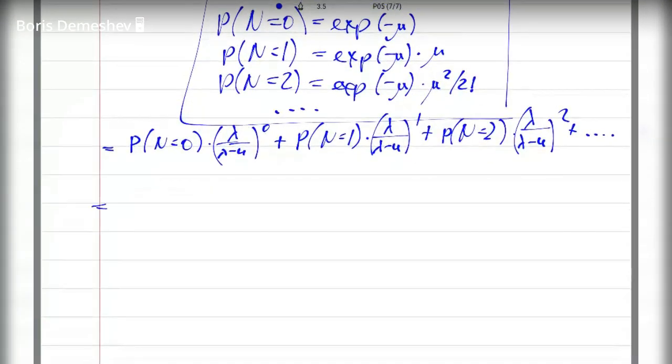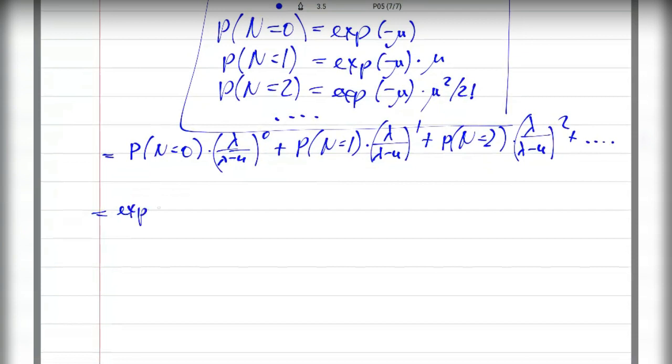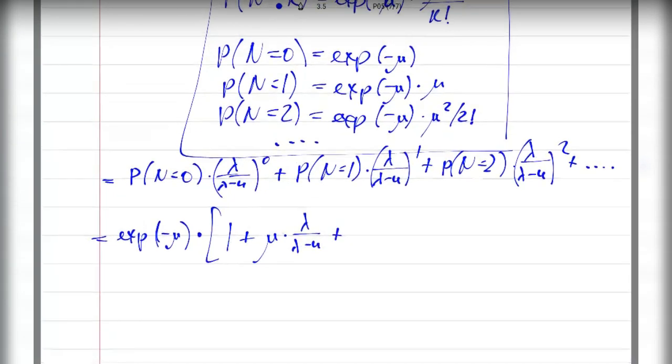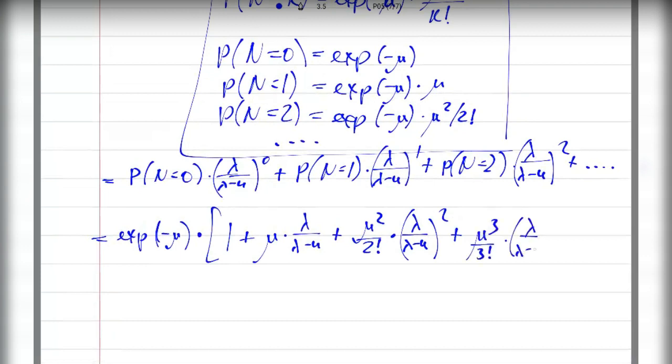Hence, here we are. Exponent of minus mu multiplied by 1 plus mu times lambda over lambda minus u, plus mu squared over 2 factorial times lambda over lambda minus u squared, plus mu cubed over 3 factorial times lambda over lambda minus u cubed, and so on.